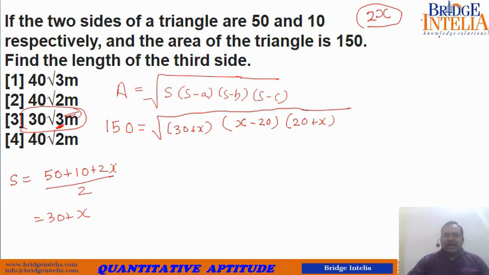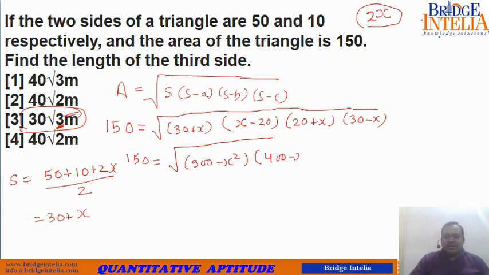Into s minus c, so this is 30 minus x. So 150 is equal to under root of, a plus b, a minus b format, 900 minus x square whole into 400 minus x square.